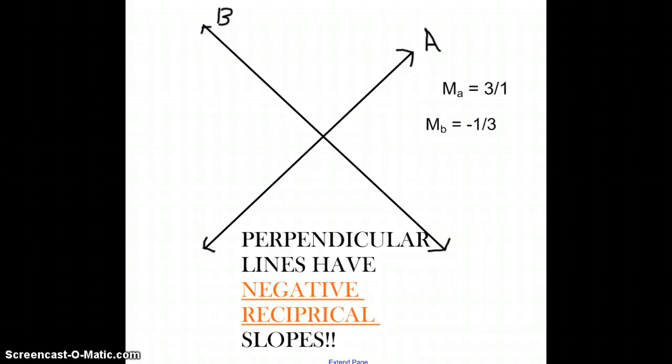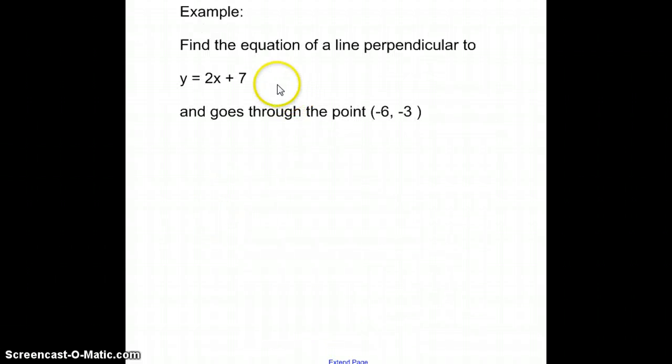So let's try an example here. And this example should look pretty familiar to the last example we did, but now instead of looking for parallel lines, let's look for a perpendicular line that's going to go through this point. So same concepts that we've been doing. We know the slope here is 2.